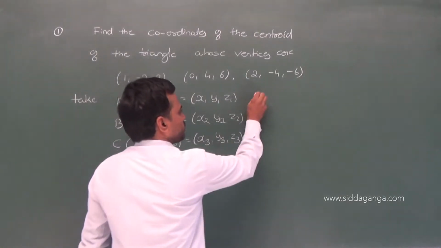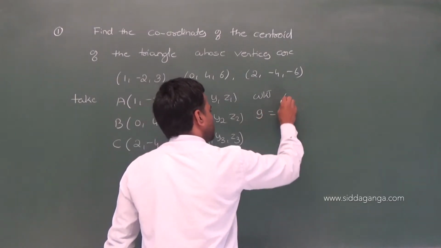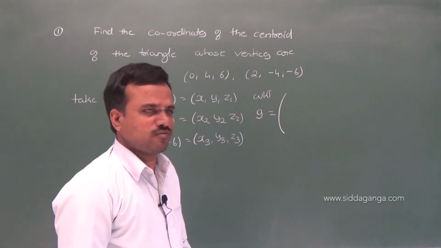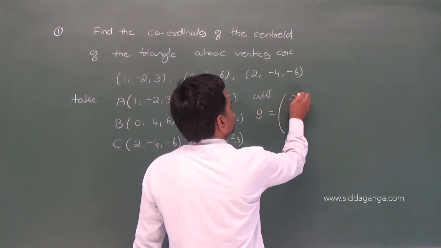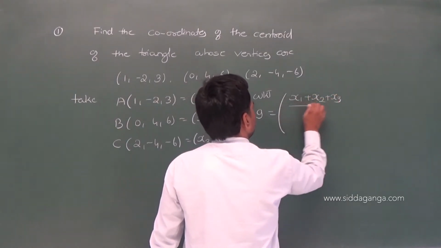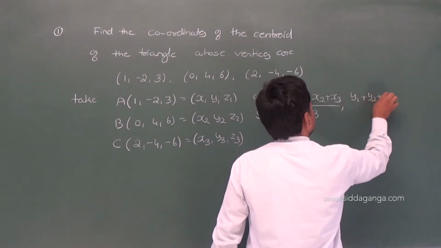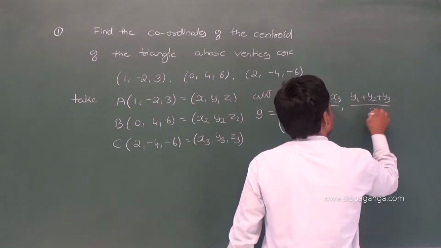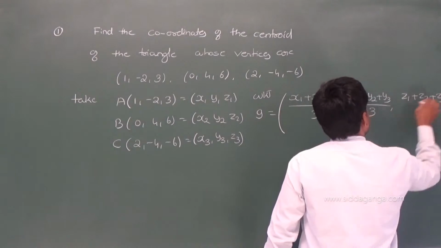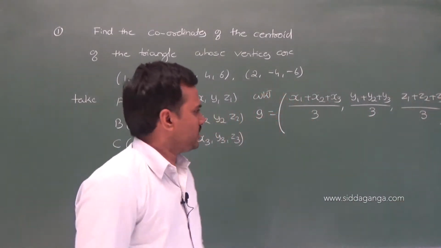So we know the coordinates of the centroid are written as G of x comma y comma z: x1 plus x2 plus x3 divided by 3, y1 plus y2 plus y3 divided by 3, and similarly z1 plus z2 plus z3 divided by 3.